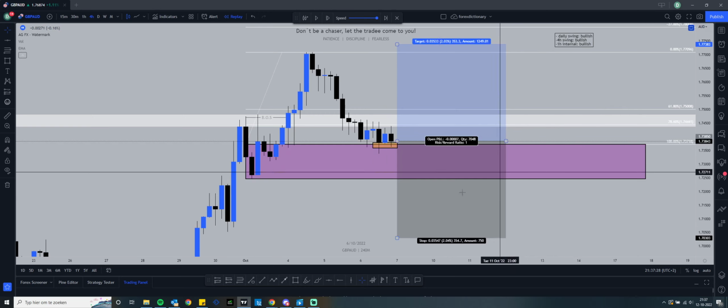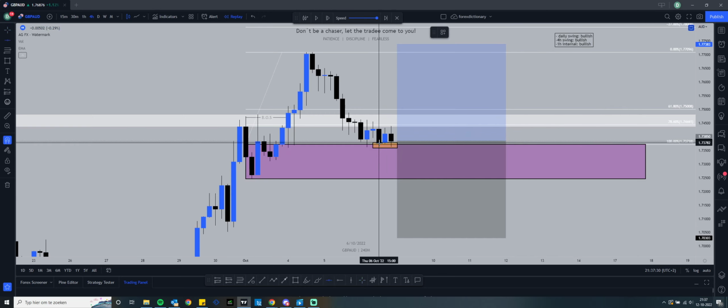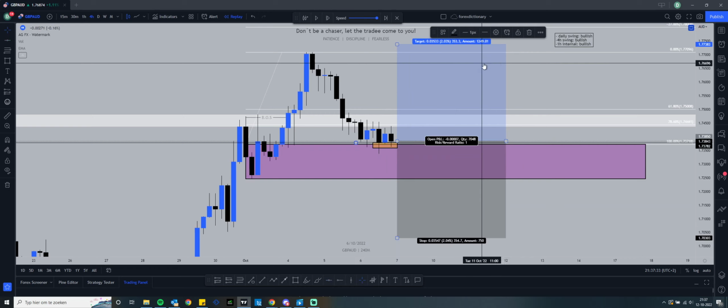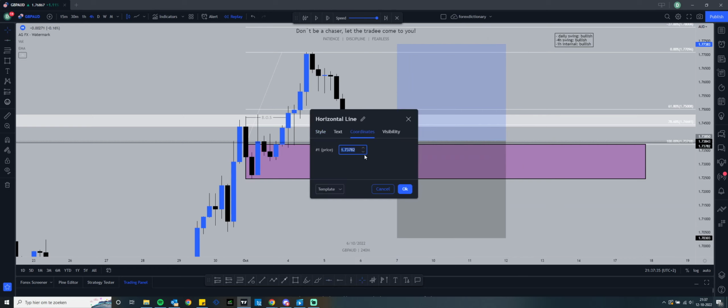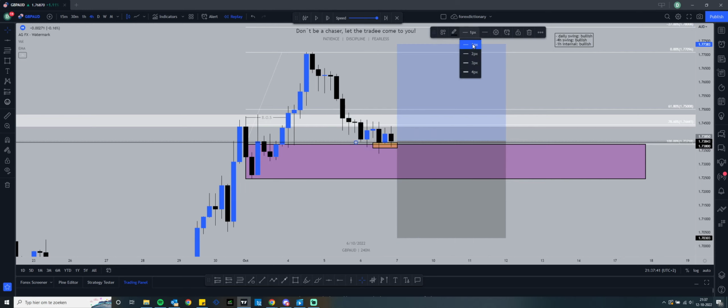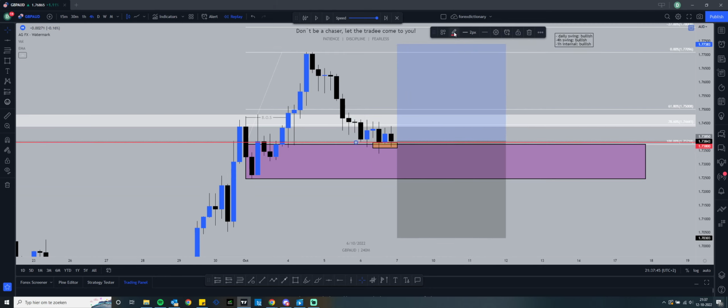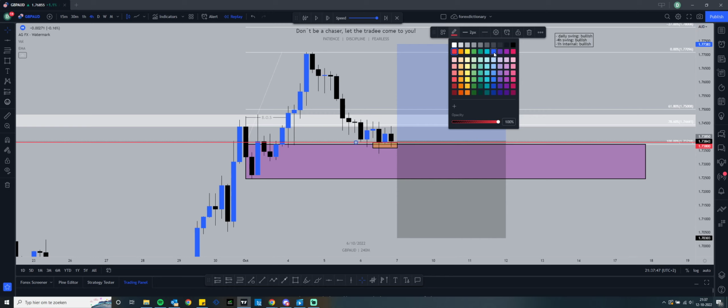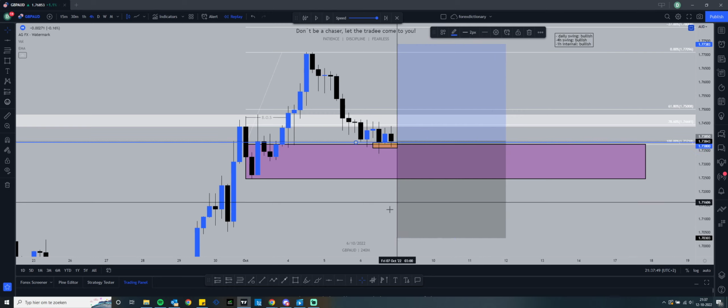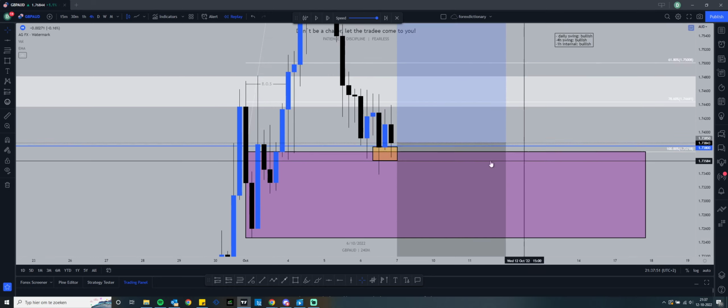If you want, you can also look for a psych level. So let's see. There's a level here. You can round it up to 800 if you want. Let's make it a little bit bigger and a different color. I don't see the color really that good. Blue, I think. So you see, price is halted here.